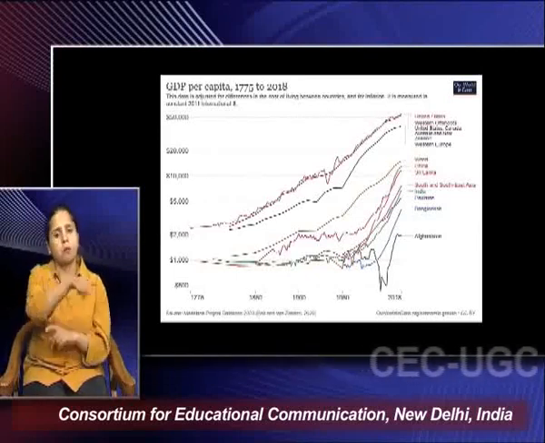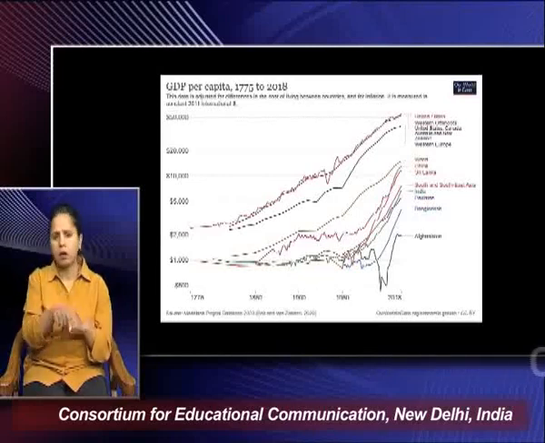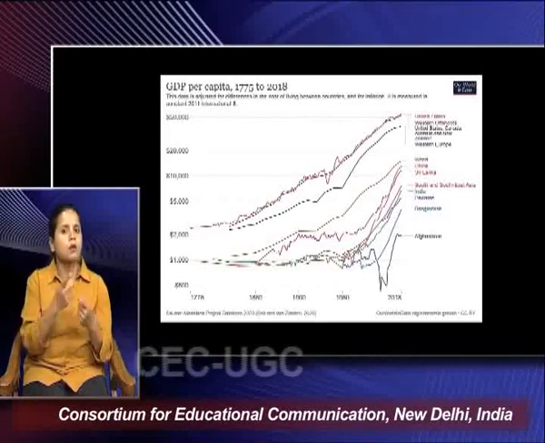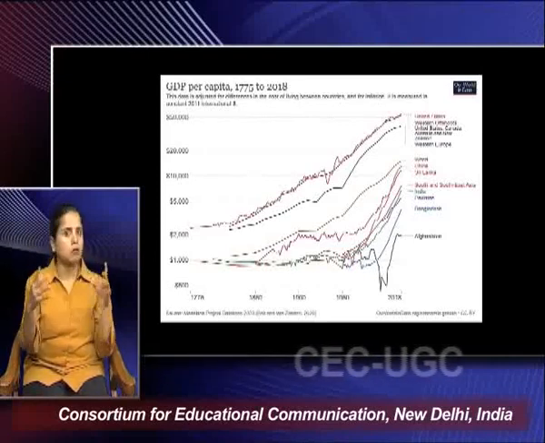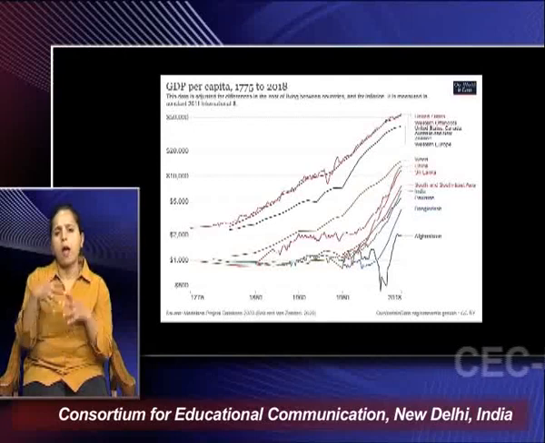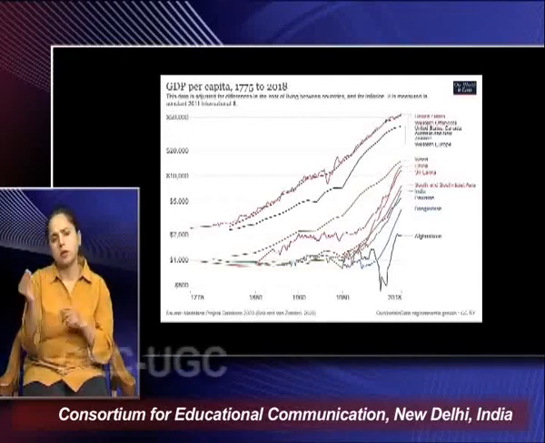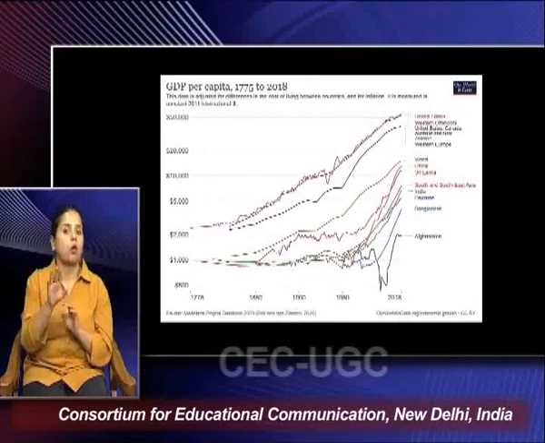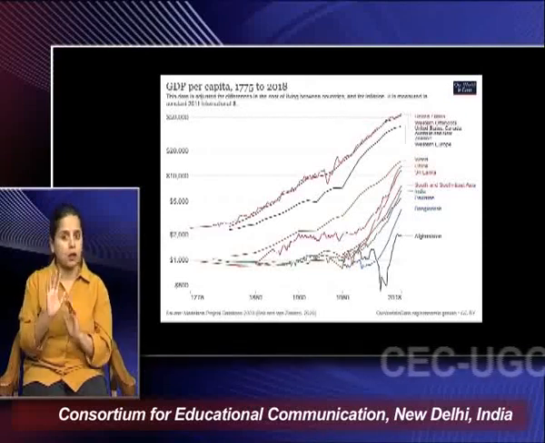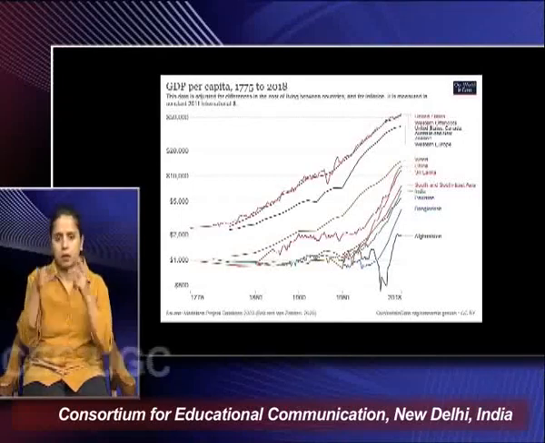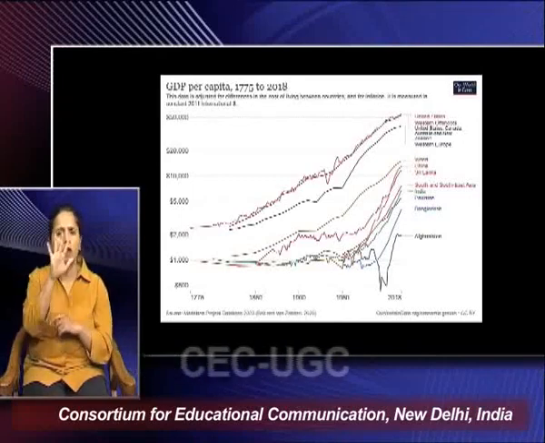But if you compare the differences in the standard of living of the citizens in different parts of the world, we find huge differences. For instance, an average American citizen today has a per capita income of roughly $50,000 US. And if you compare and contrast with people in South Asia, take for example India, Pakistan and elsewhere, the per capita income is barely about $5,000 to $6,000 US.